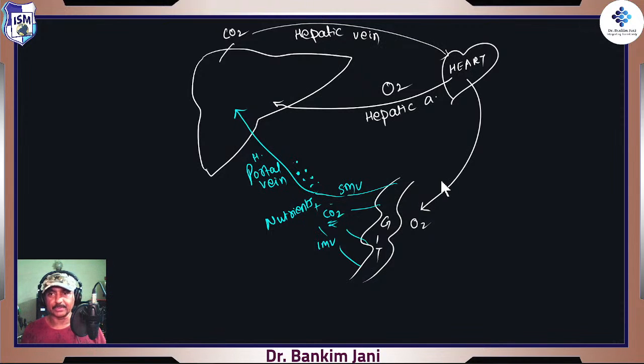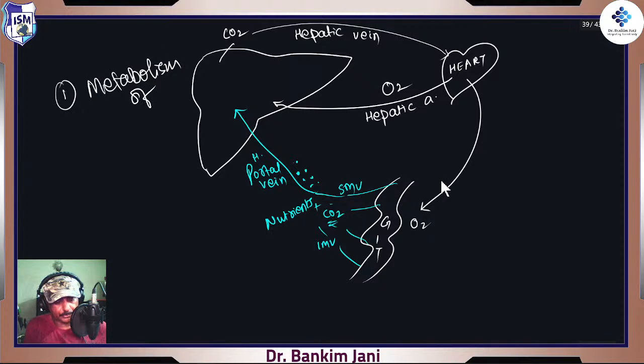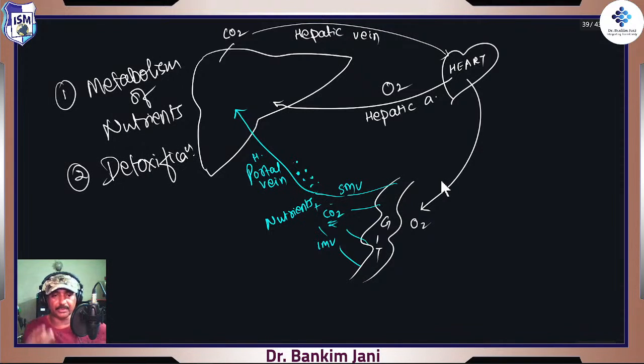This is how the systems work, right? And on top of it, one is the metabolism of nutrients. And second is detoxification. That's the reason it is said that whatever we eat, whatever we consume, the entire load is taken by the liver. And the third thing, as we said, is that the liver produces bile, which is used for saponification.